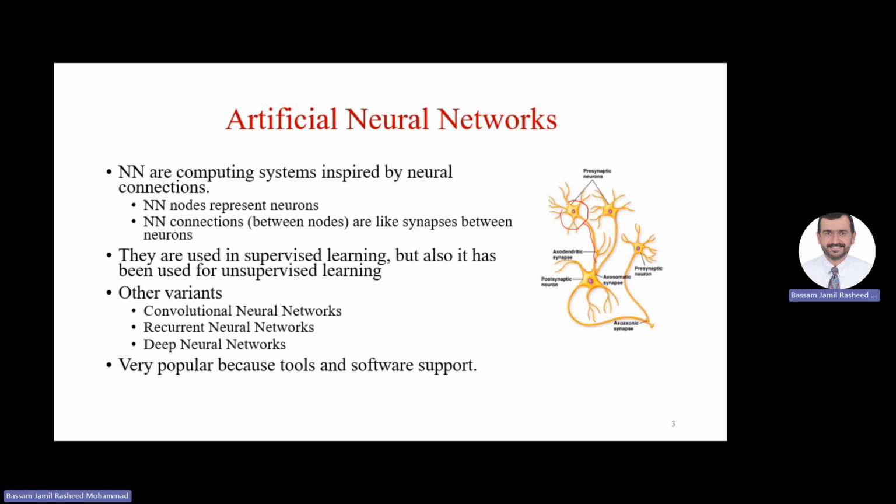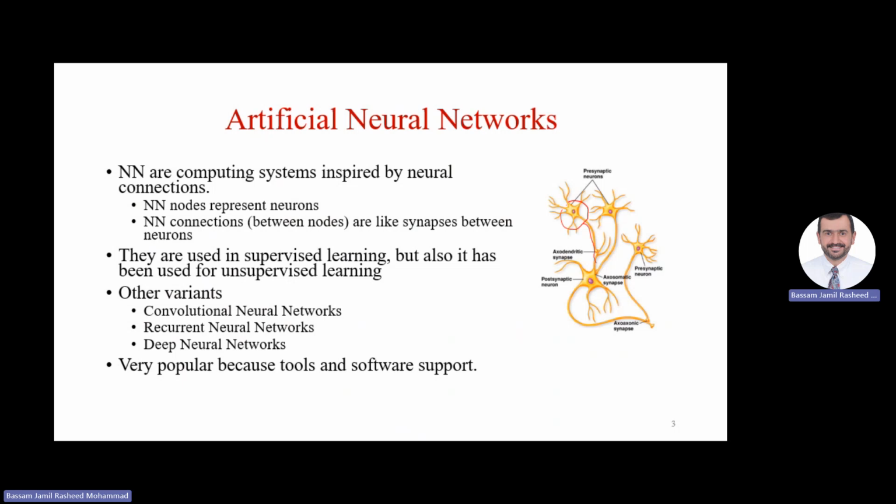So in the human brain, you have those neurons connected with synapses, and we mimic those in a neural network by having nodes connected with connections. So we are just emulating, or trying to emulate, how the human brain works, okay?